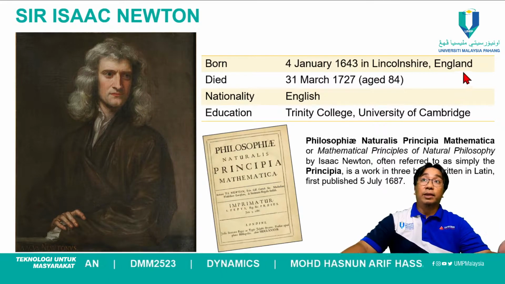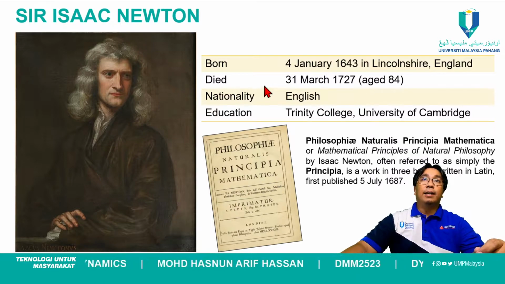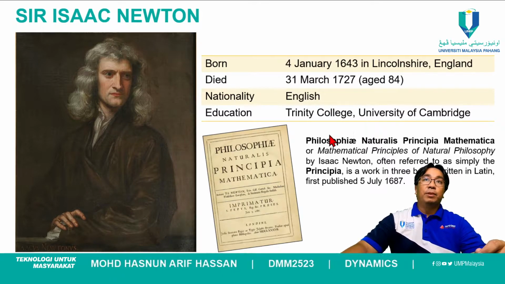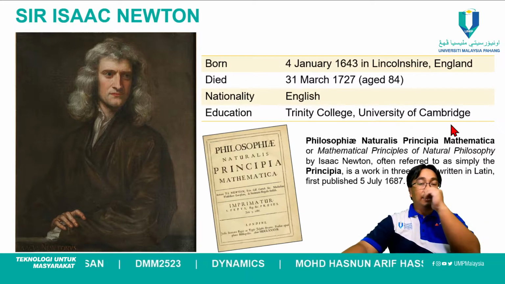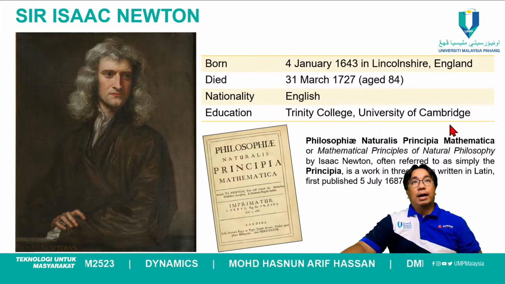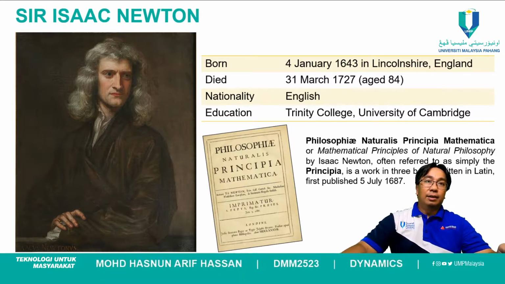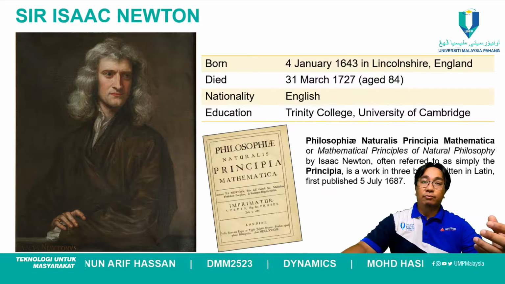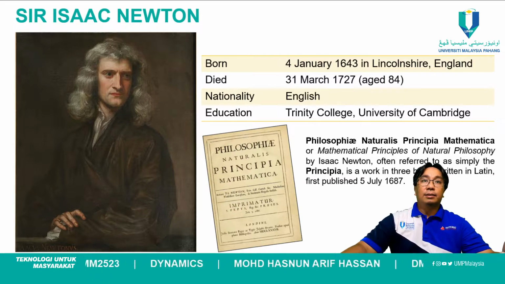He was from England, an Englishman. He died at the age of 84 and he studied at the University of Cambridge. This is the background of Isaac Newton, the man who formulated the principle behind the equation of motion.